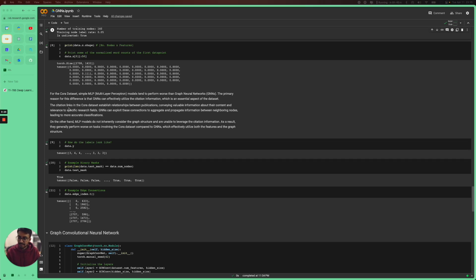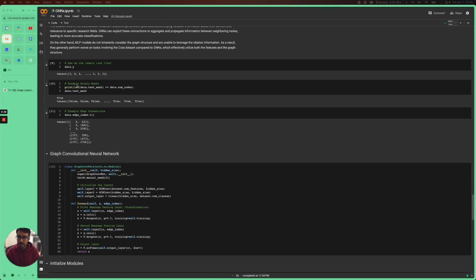The citation links can be valuable information that you may be able to infer only using the graph structure, as opposed to using a bag of words representation alone. So GNNs can exploit these relationships, and that's why graph neural networks are powerful in areas where you can exploit relationships between unstructured data using a graph-based structure.